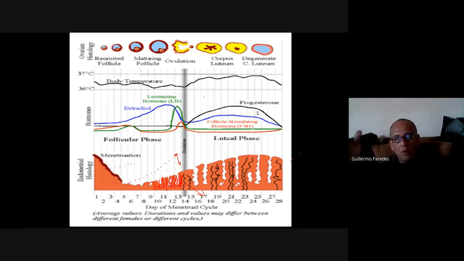The day of ovulation is going to be day 14. What is happening? The FSH goes down and the LH goes up in day 12. When that happens, the consequence will appear in day 14, where the ovulation is released.